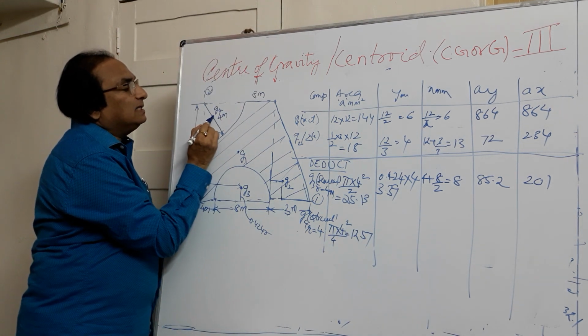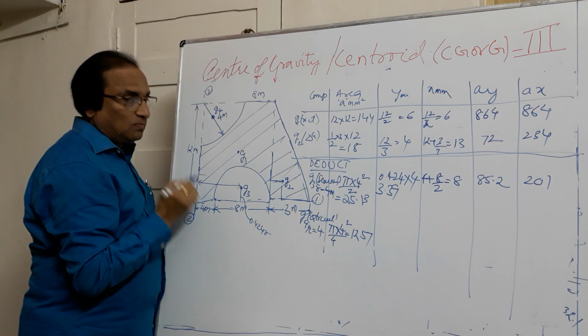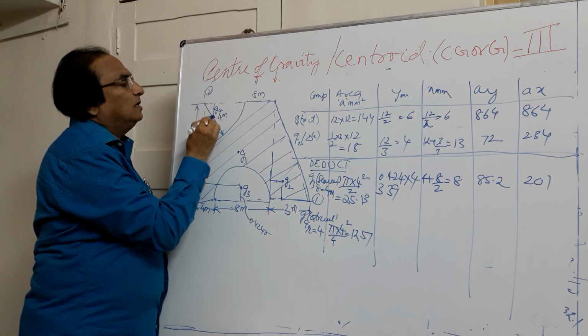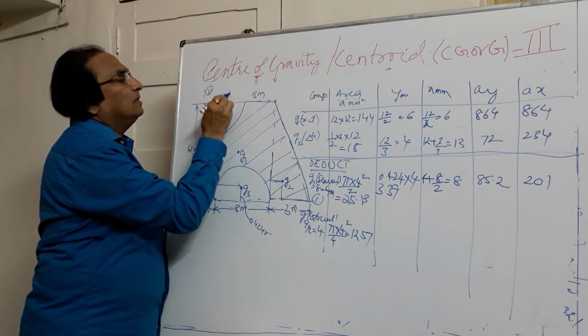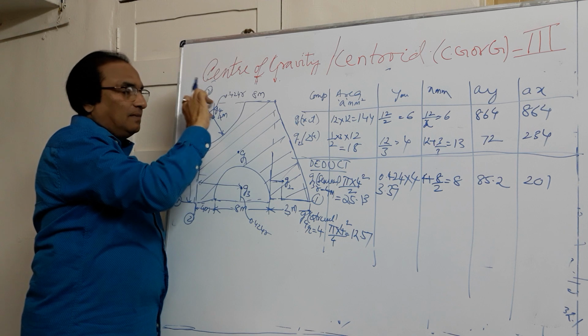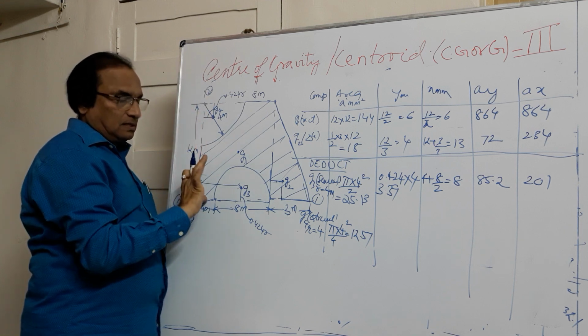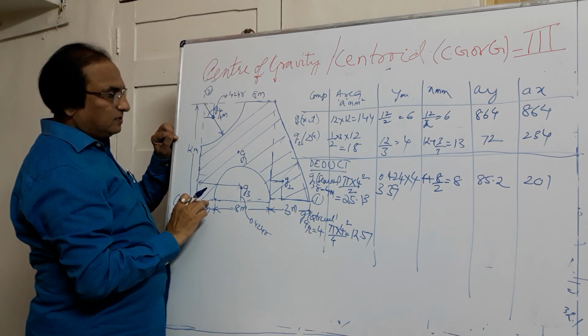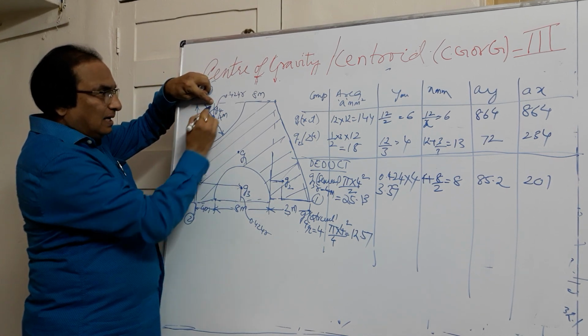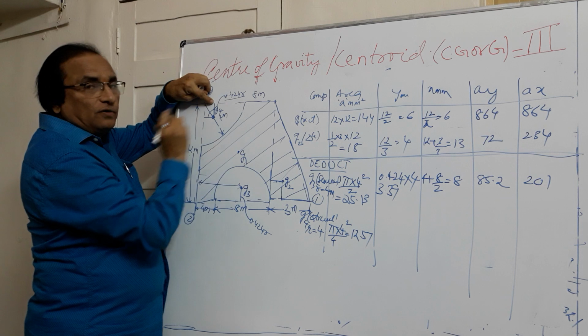Now I need the distance of the centroid from 1-1. What we know is the distance of the centroid of the quarter circle from both the diameters, it will be 0.424 r. I know this property, but I want this distance. So what to do? From here you first go up to the diameter. From here to here it is 12. Then you minus 0.424 r.